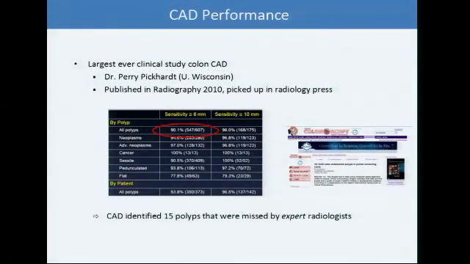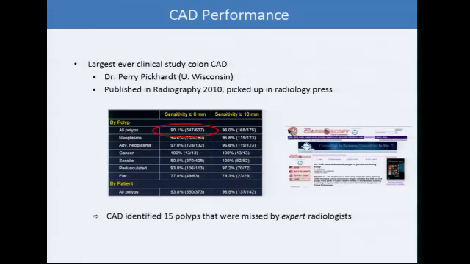So our CAD was recently evaluated in the largest ever study of a colon CAD system. This was done by Perry Pickard at the University of Wisconsin and published in Radiography last year. There were a lot of statistics that came out of that study. The one I want to point out is in this red ellipse. For polyps that were 6 millimeters and greater, these are the polyps that are of clinical interest, our system detected 90%.